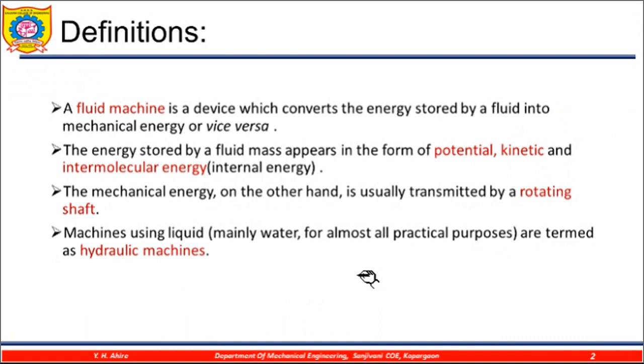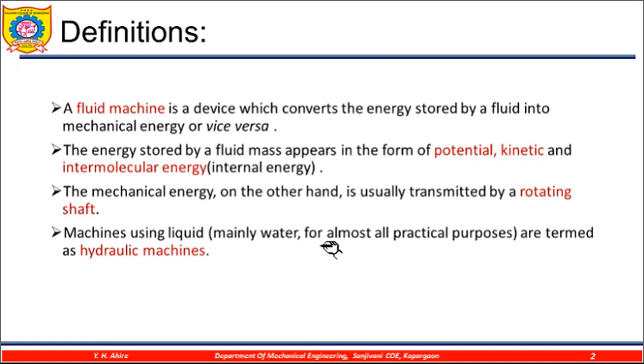First definition is of a fluid machine. What is a fluid machine? A fluid machine is a device which converts the energy stored by a fluid into mechanical energy, or vice versa, or it converts the energy which is in the form of mechanical energy into energy of a fluid.